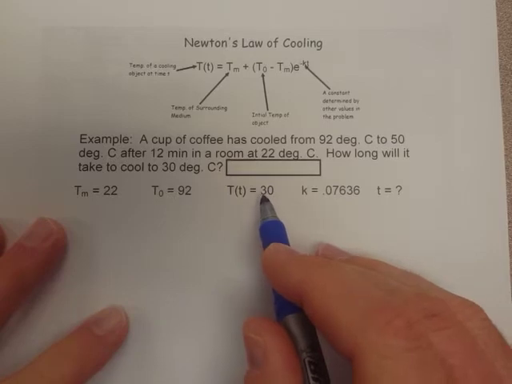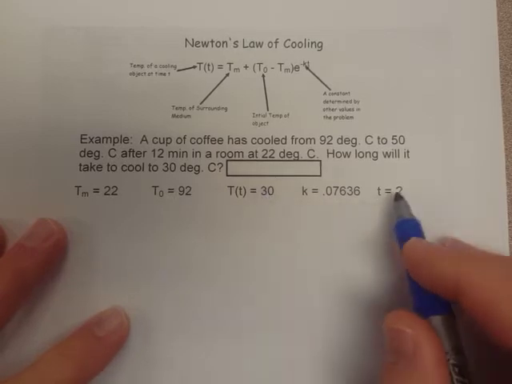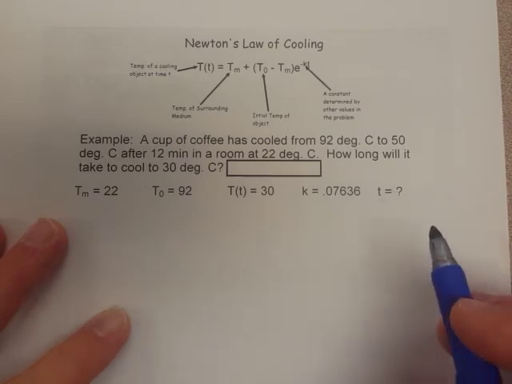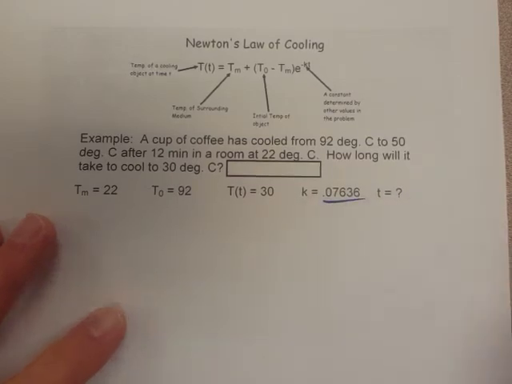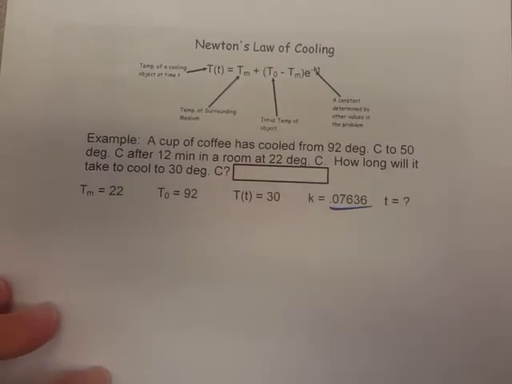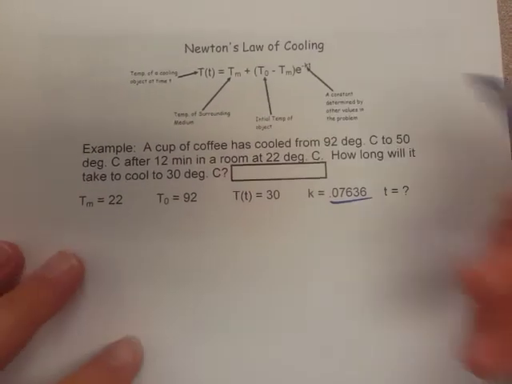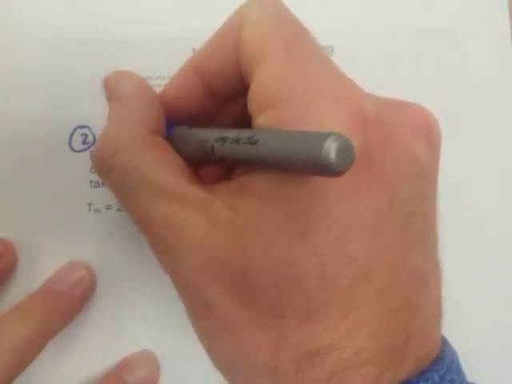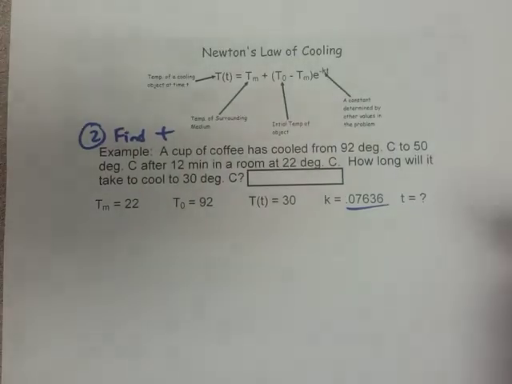Now, as I mentioned, that's tied to a time, which is the question here. We don't know what the time is yet, so that's what we're trying to find. We just found the k value right here, rounded out to a lot of different decimals, and so now we will do step 2, and that is going to be find t. So this will be our last step.